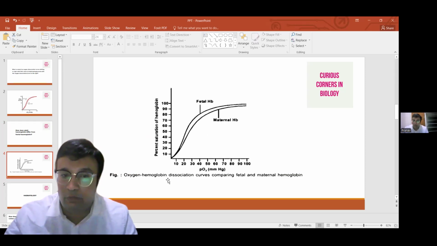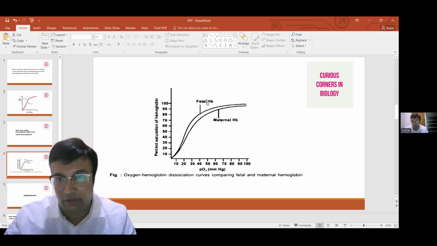This is the oxygen hemoglobin dissociation curve of fetal and maternal hemoglobin. On the right is the maternal hemoglobin curve, and to the left of it is the fetal hemoglobin curve. Of course, this curve is going to level off because hemoglobin can be saturated with oxygen.